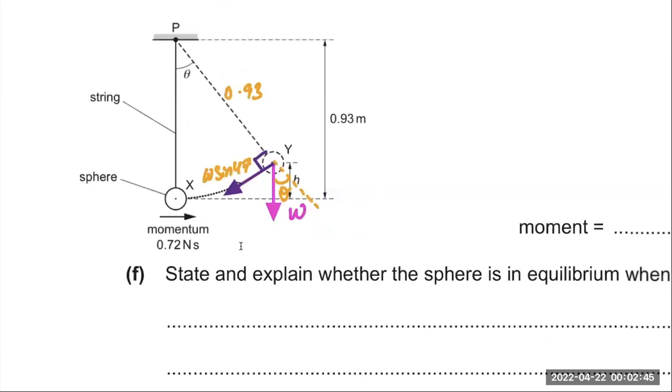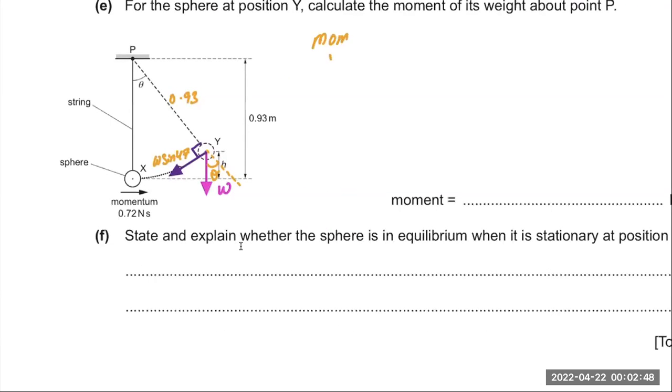So all I need to do is, for moment, I'll say force multiplied by perpendicular distance from the pivot. So force is mg, 0.3 into 9.81, multiplied by the distance. Sorry, 0.3 into 9.81 into sine 47.